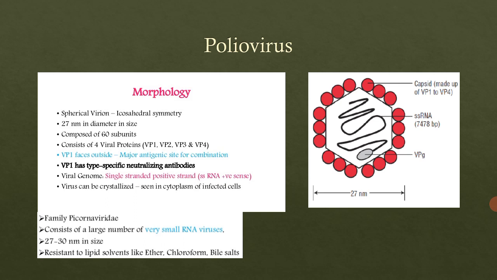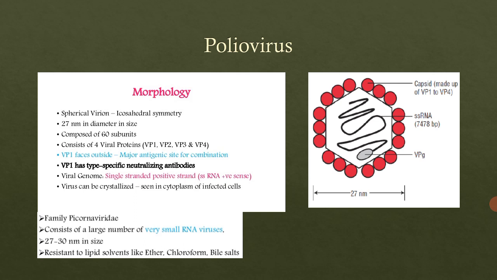The red dots are the 60 subunits, and in each subunit we have 4 viral proteins, which are VP1, VP2, VP3 and VP4, viral protein 1 to viral protein 4.